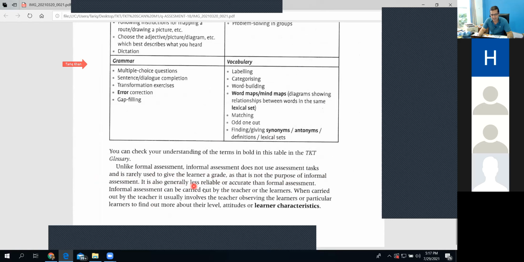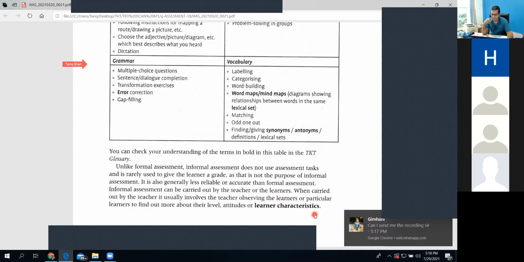It is also generally less reliable or accurate than formal assessment. Informal assessment can be carried out by the teacher or the learner. When carried out by the teacher, it usually involves the teacher observing the learner, to find out more about their level, attitude, and learners' characteristics. You know learners' characteristics. We have discussed a whole topic on it. Okay.